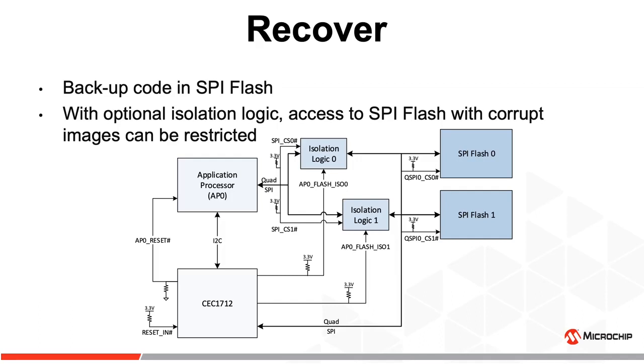So to ensure complete recovery from a system, you need to make sure that you have full redundancy to the images with a second SPI flash, and that with the optional isolation logic, you can actually restrict access to the SPI flash that has corrupted images. In other words, we have the ability, following the NIST 800-193 Platform Firmware Resiliency Guidelines, to remove completely the SPI flash that is corrupted from accessing the rest of the system.